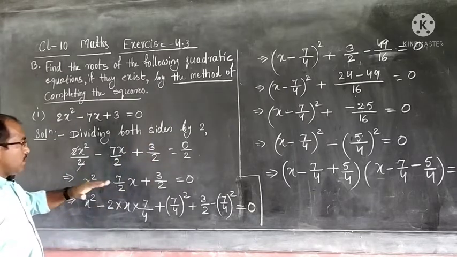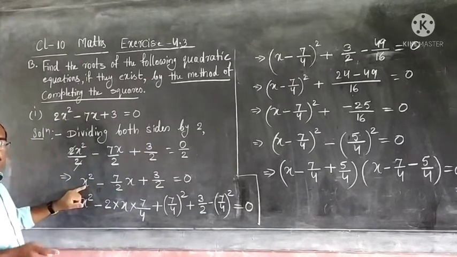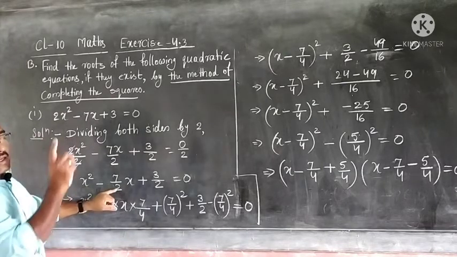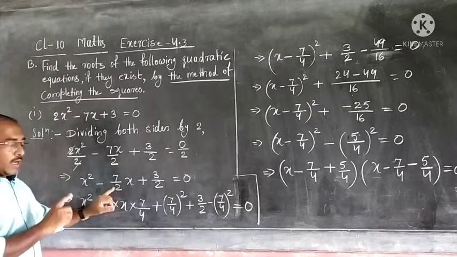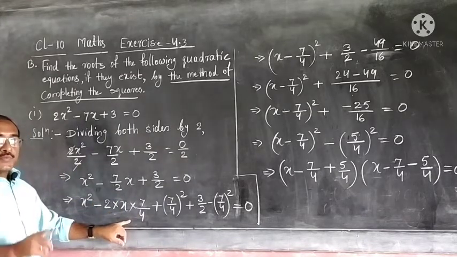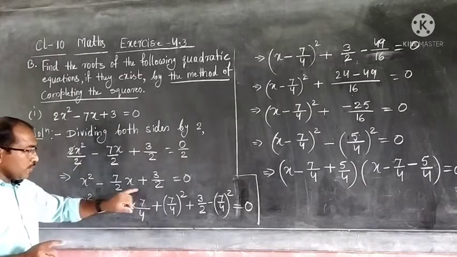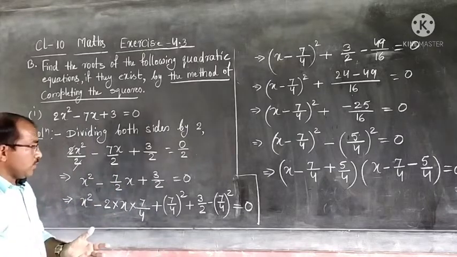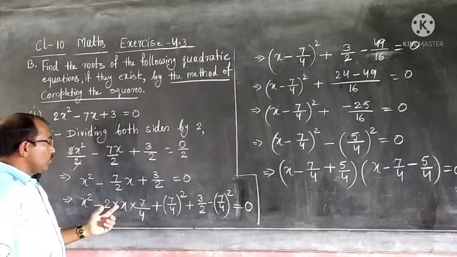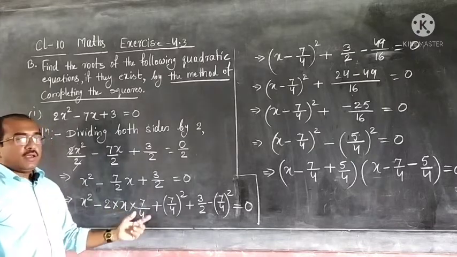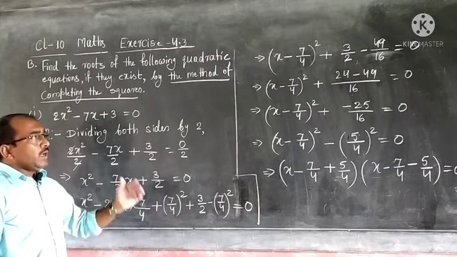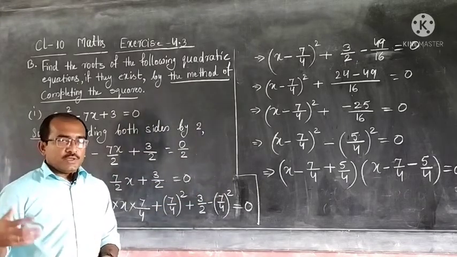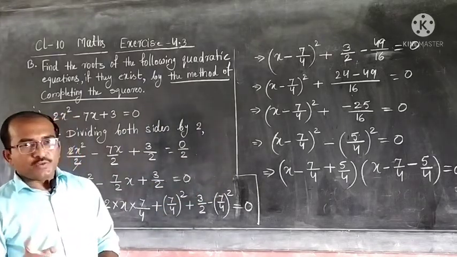Next, after getting the first term in square form, we will think which identity can be used, either a plus b whole square or a minus b whole square, and then we need to get this b. Getting b is very important, and hereafter we go for simplification and we find the roots. Let us go to some other questions also, you will surely understand very clearly.